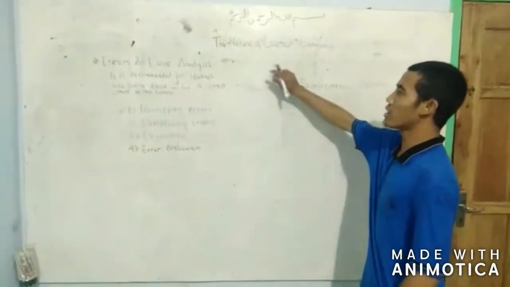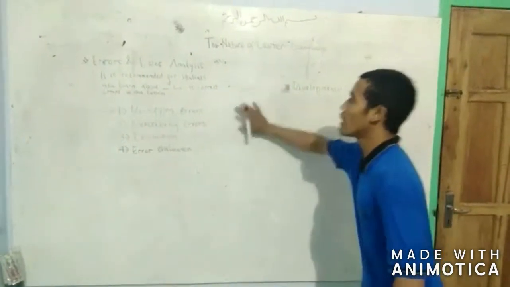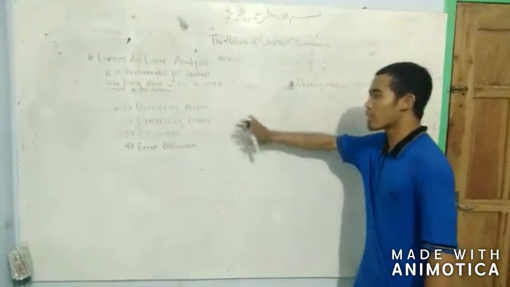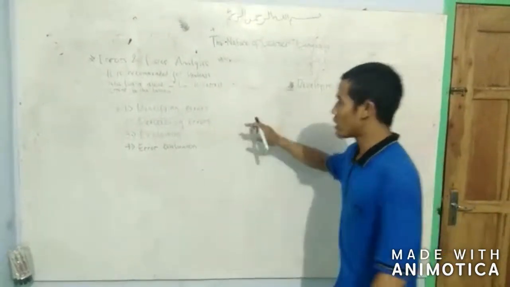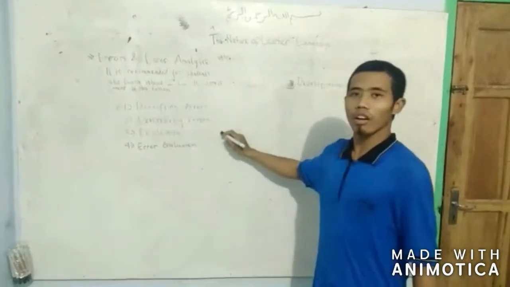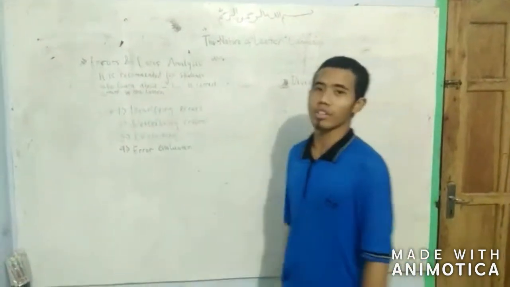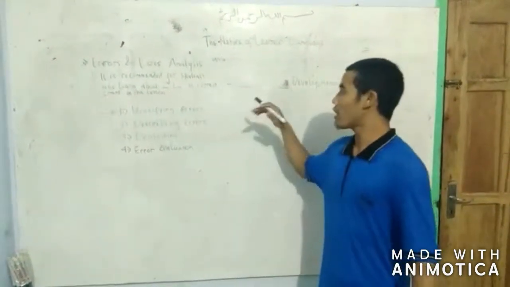The first is identifying errors. The second, describing errors. The third, explaining errors. And the last, error evaluation. First, identifying errors.